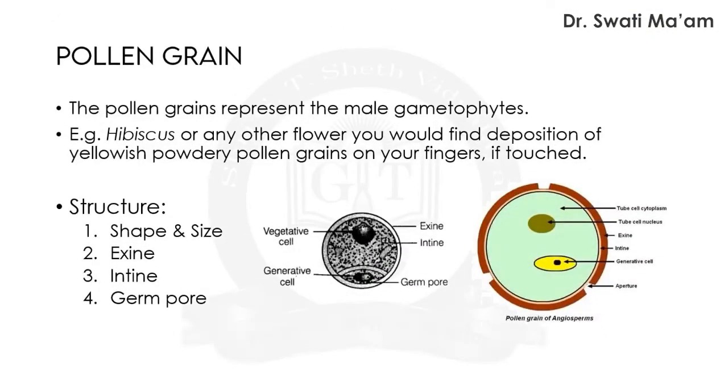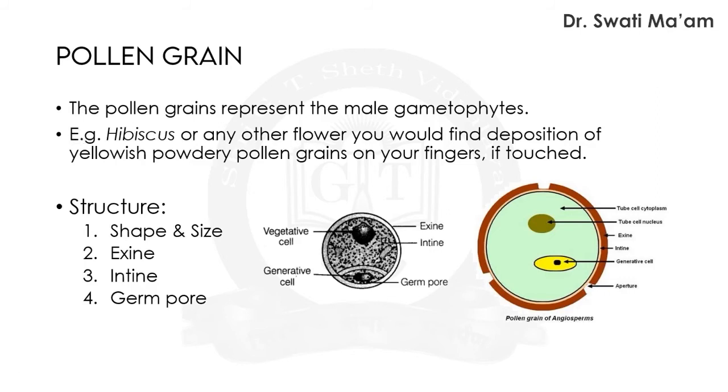Now let us talk about the structure and details of the pollen grain. The pollen grains represent the male gametophyte, which is produced from the male reproductive part of the flower, that is the stamen. One example is given here, hibiscus, as well as any other flower.